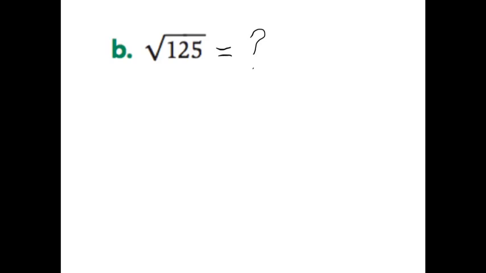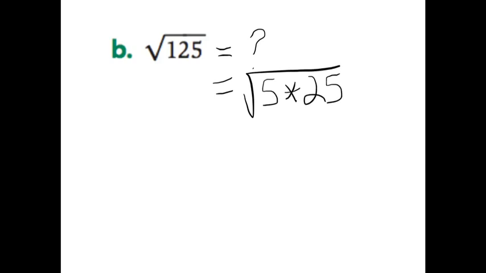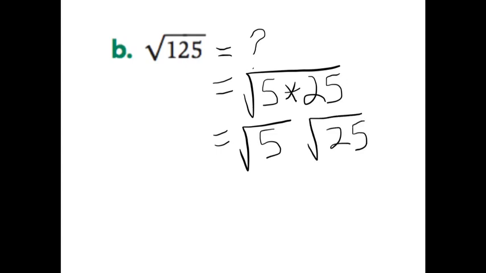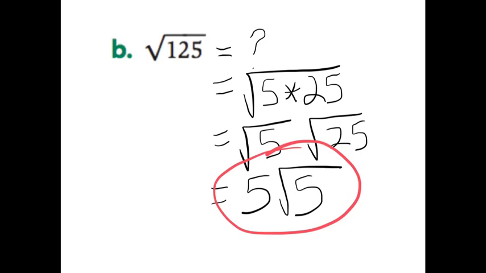If you paused for a second, you might have found that 125 can be broken up into 5 times 25. 25 is a perfect square, so when I separate this into two different radicals, you can see that one of them can be simplified. Square root of 25 becomes 5, and the square root of 5 just stays the way it is. So the answer is 5 times the square root of 5.